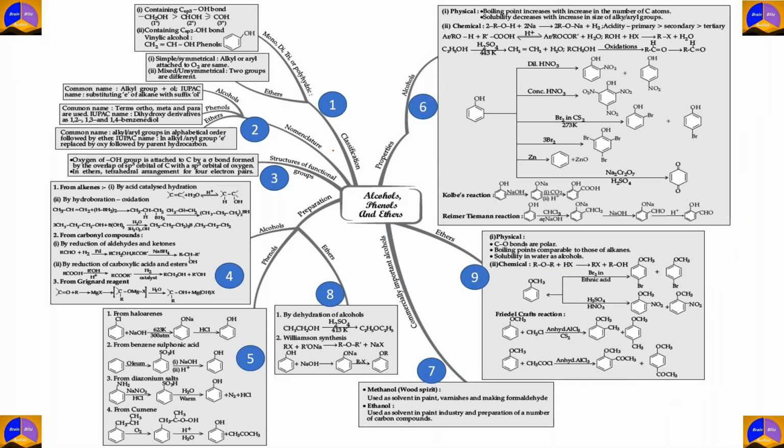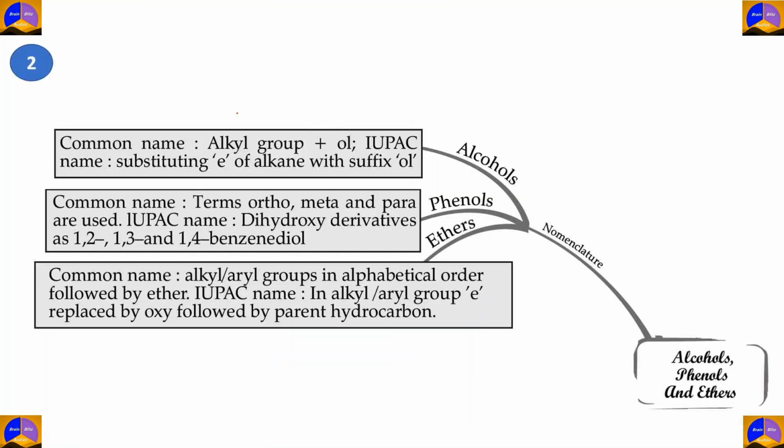Let's move on to the nomenclature of alcohols, phenols, and ethers. The word nomenclature refers to naming a compound. So in chemistry, we have basically two systems of naming. One is common names, and the other is IUPAC names.